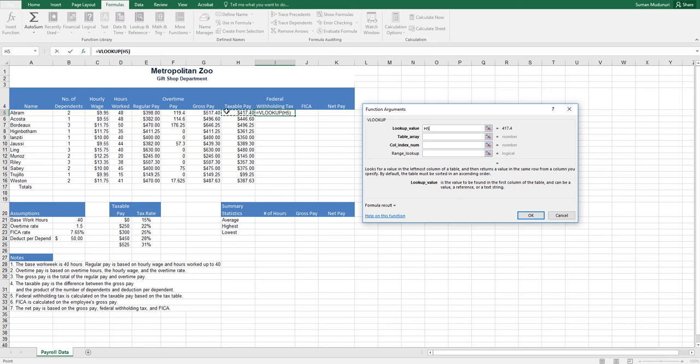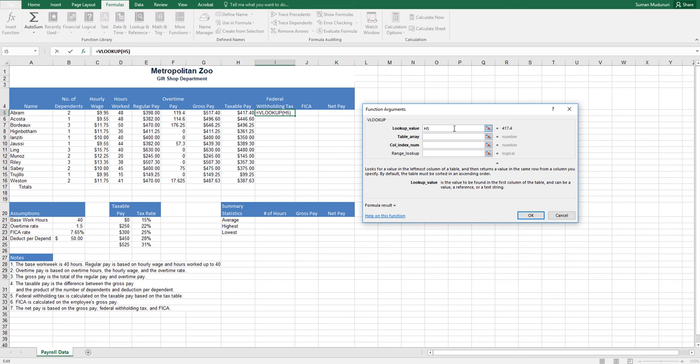So this individual here, Abram, has 2 dependents that are worth $50 each. So those dependents, 2 times 50, $100 here is not going to be taxed. So only $400 of this 500 can be taxed. And based on this money that they've made, we're going to now look at which tax bracket this person is in. And then that percentage for tax is what's going to be taken out of their paycheck.